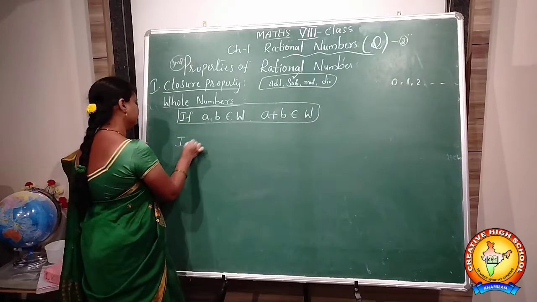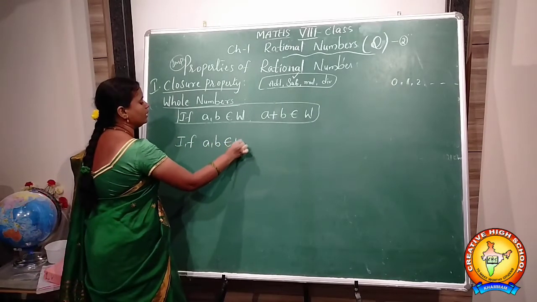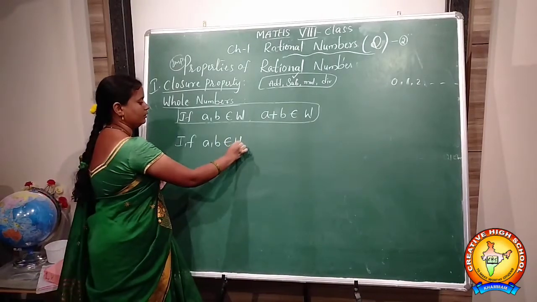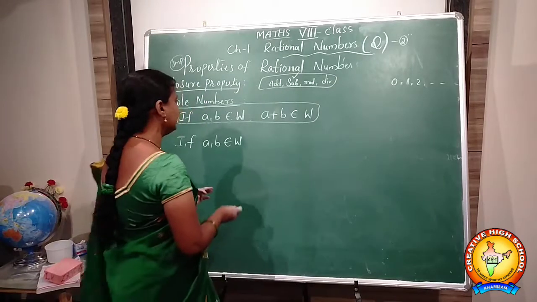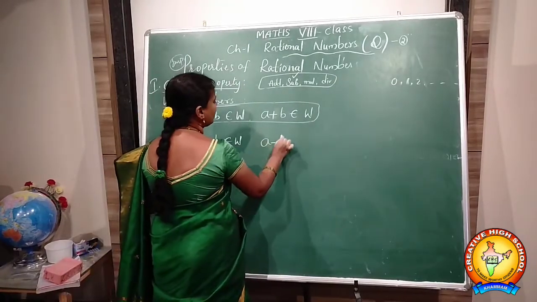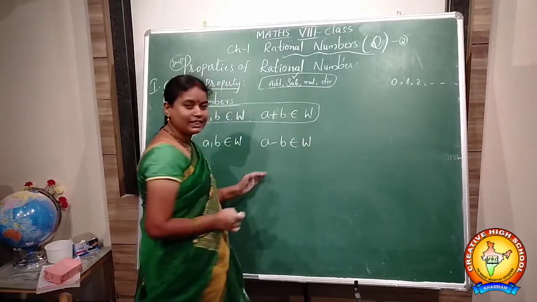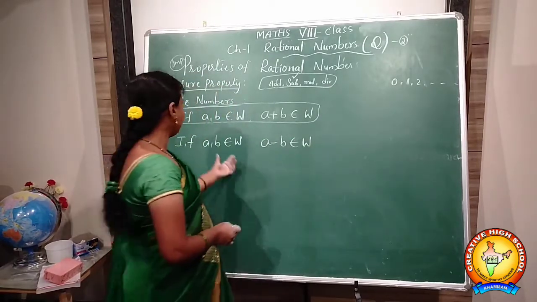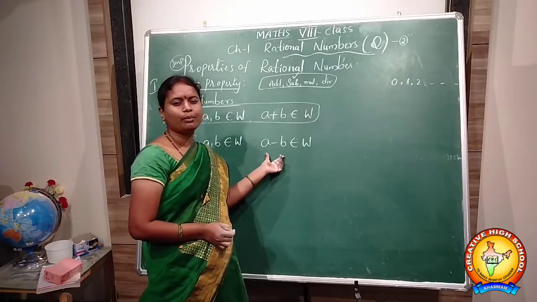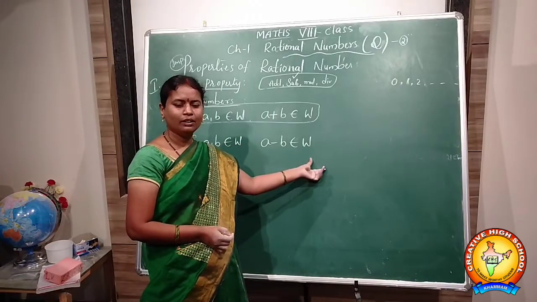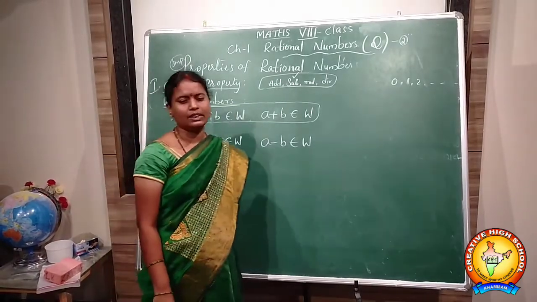If A and B belong to whole numbers, is A minus B also a whole number? Let us check this. Take any two whole numbers, that is our wish.